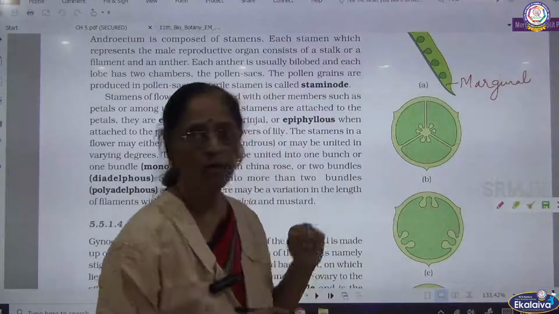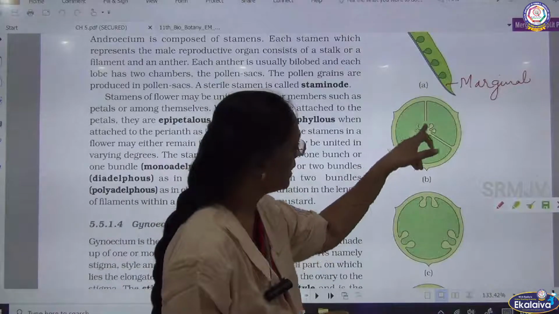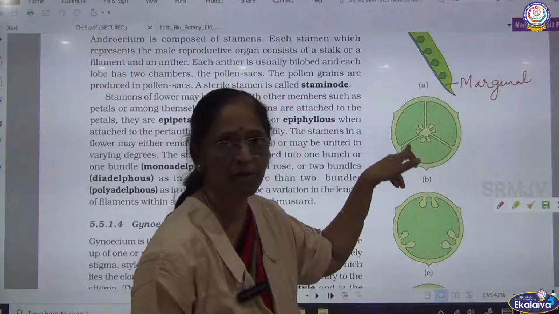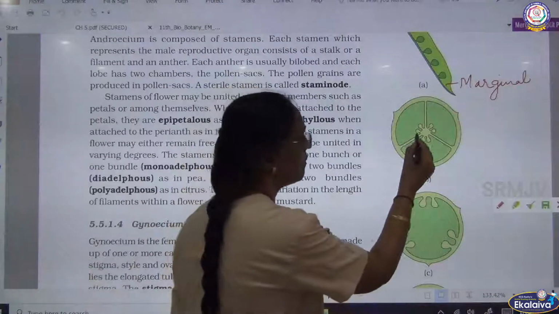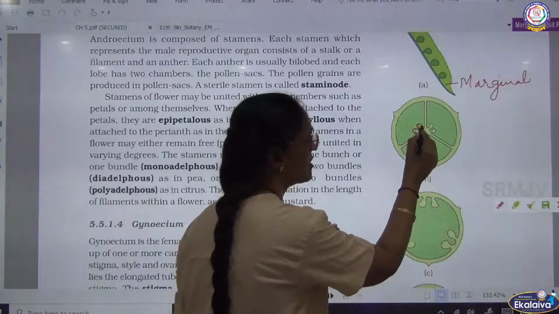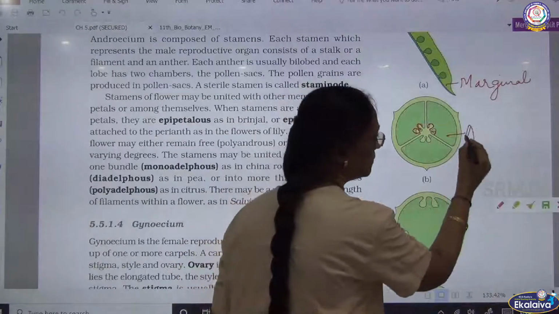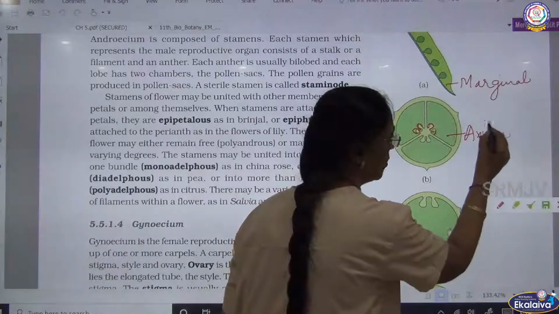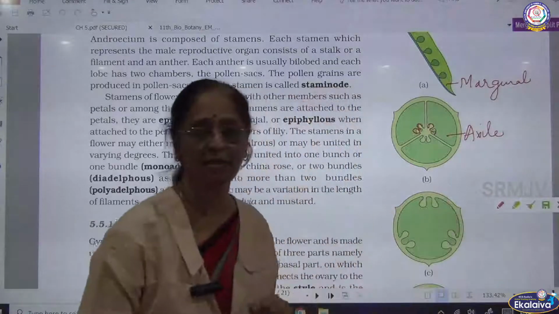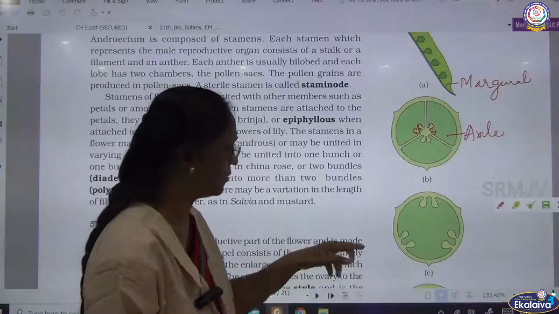And here you can see the ovary with locules, the chambers, and at the center the ovules are attached. This kind of placentation we call axile placentation.